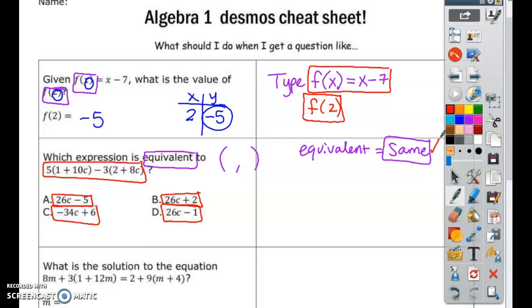So we're going to type everything in Desmos and see which one is the same, which one matches. We're going to change all of these letters to x's. This is x, this is x, this is x, this is x, x, and x. So pause the video, type all of those in Desmos, and let's see which one is equivalent.